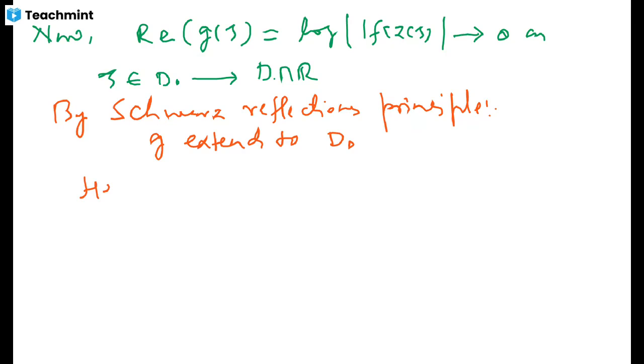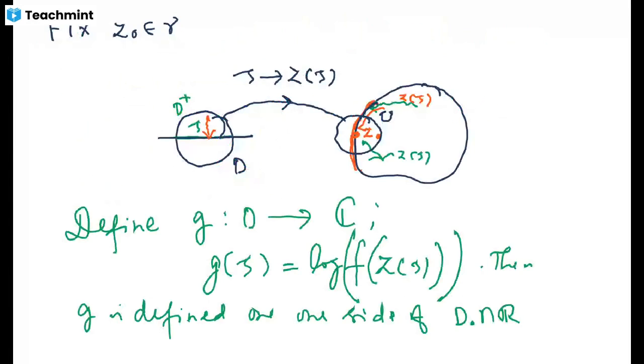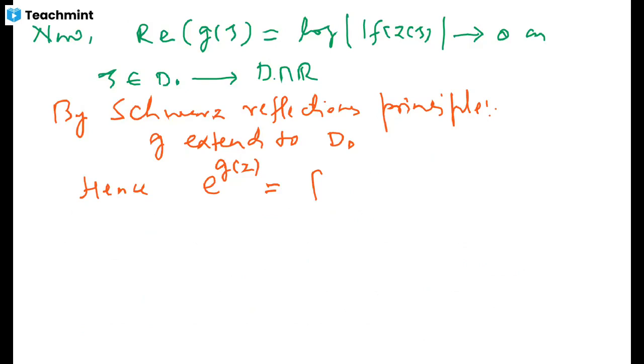And if g extends to D naught, hence the exponential of g, e to the g of z, which by the definition of g is the exponential of a log, gives only f of z of zeta, and it extends to the whole of D naught.